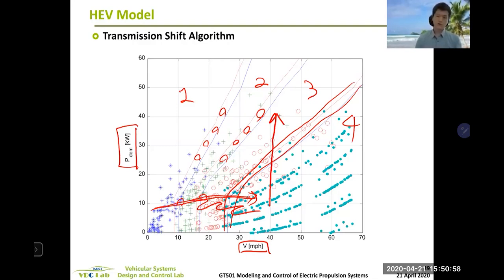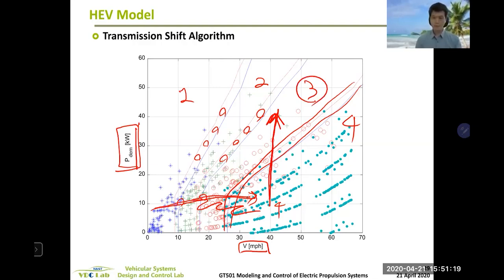So here you have to downshift. Okay, you're in fourth gear, but then if you go to this area with increased power, then you have to use third gear. Okay, this is called shift map.